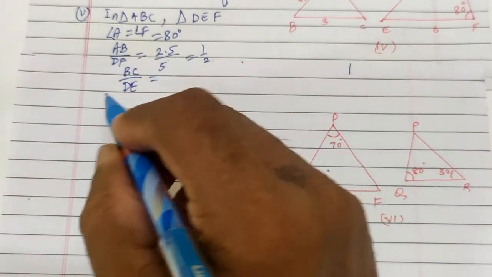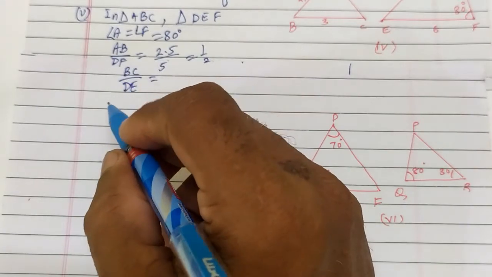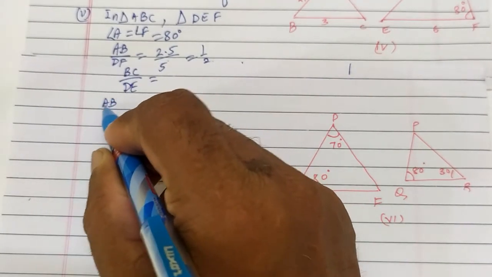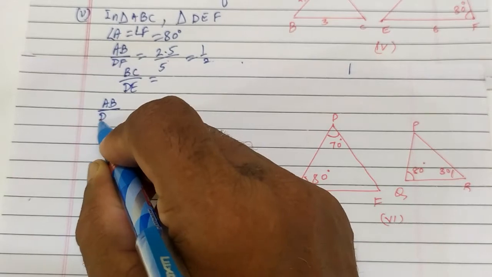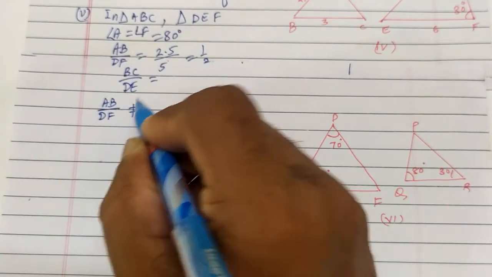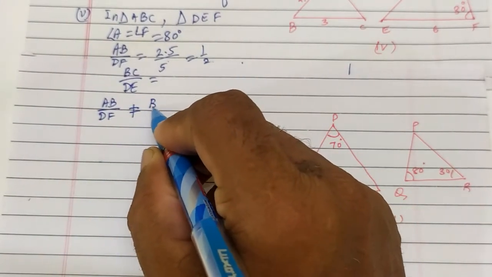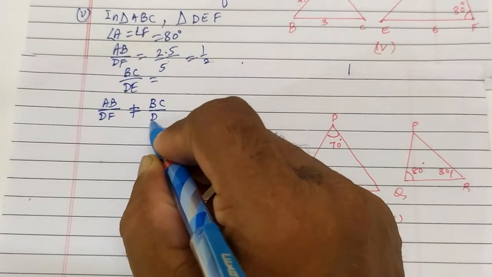So therefore AB upon DF is not equal to BC upon DE.